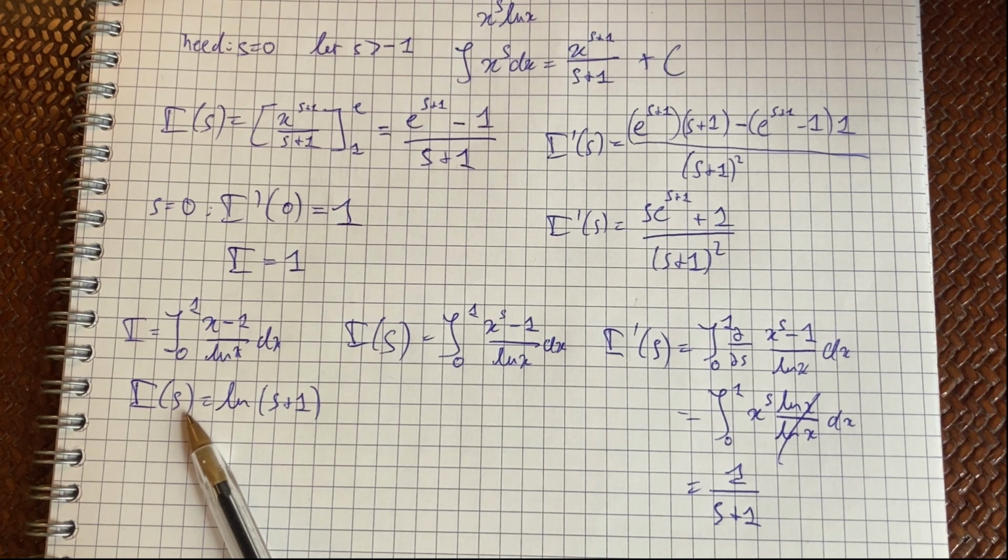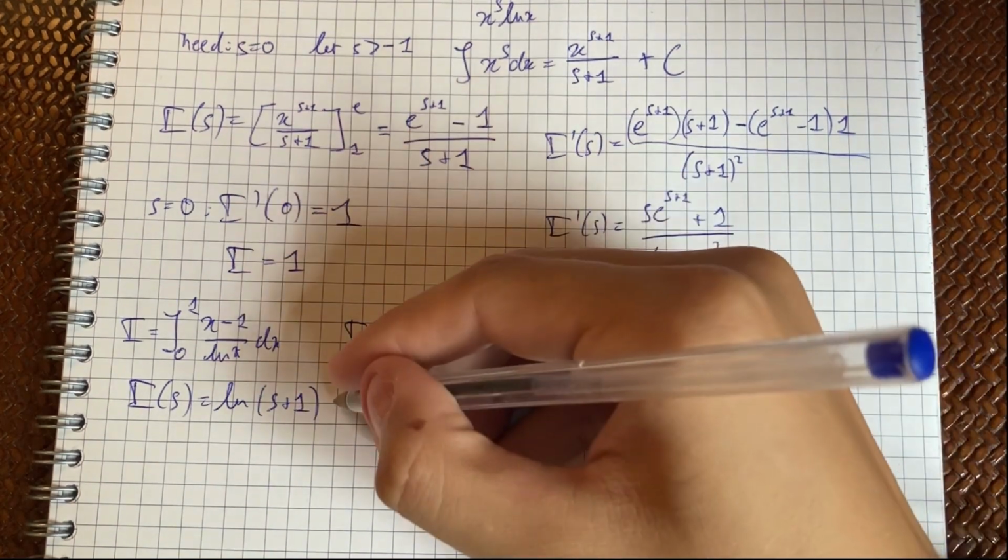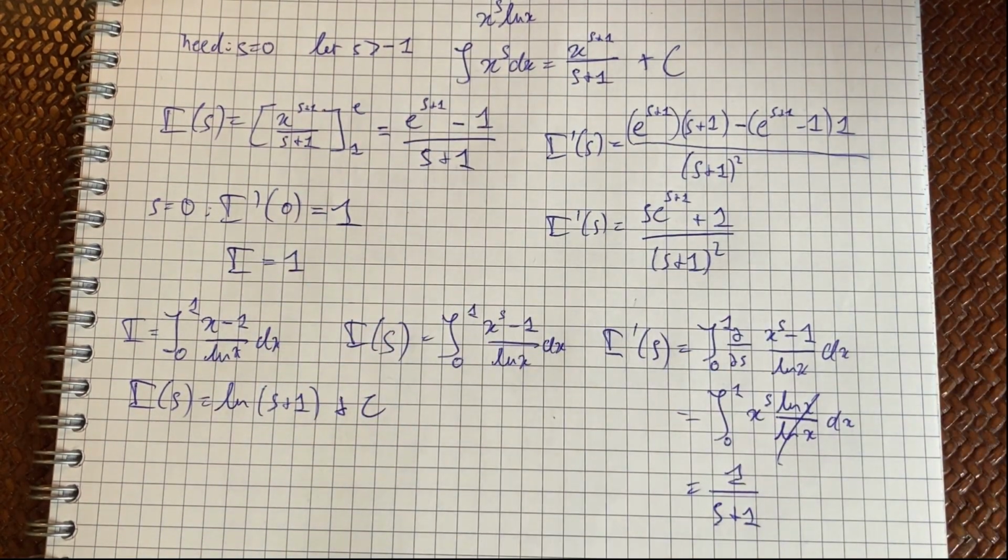But we're not doing a definite integral, which means we have to make sure that there is a plus C constant. So we have an expression for I prime of s, and we try to figure out an expression for I of s.